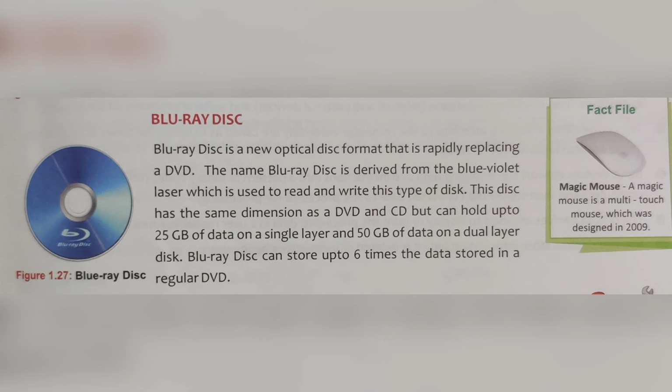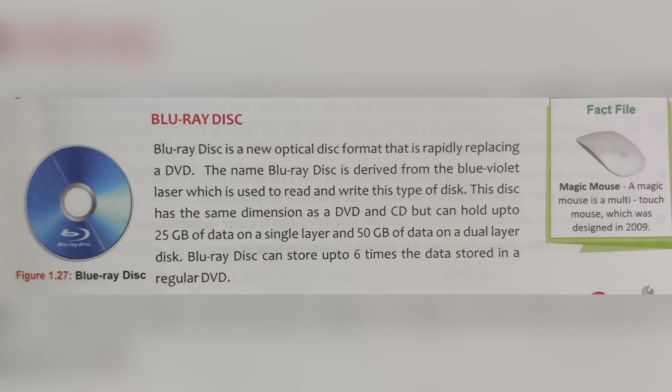Now the Blu-ray disc. What is a Blu-ray disc? A Blu-ray disc is a new optical disc format that is rapidly replacing the DVD. The name Blu-ray disc is derived from the blue-violet laser which is used to read and write this type of disc.